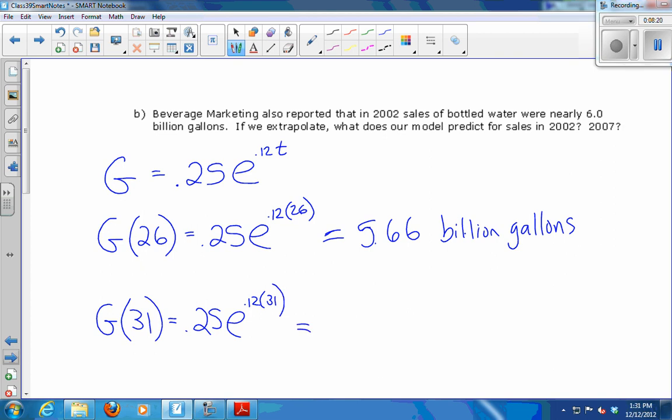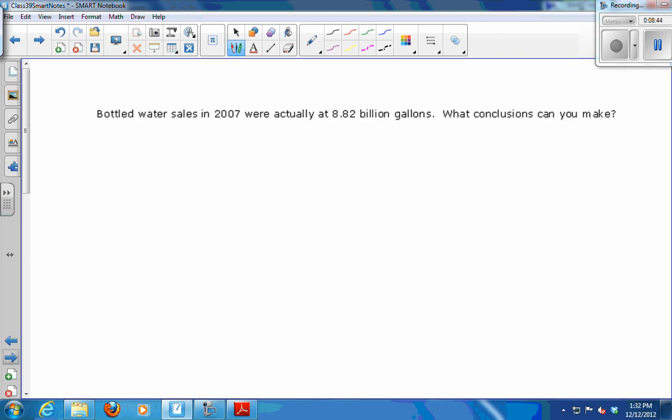And you get 10.32 billion gallons. So that's a lot. We started with 250 million, and now we're already up to 10 billion in 2007. If you look it up, the actual sales of bottled water in 2007 were 8.82 billion.